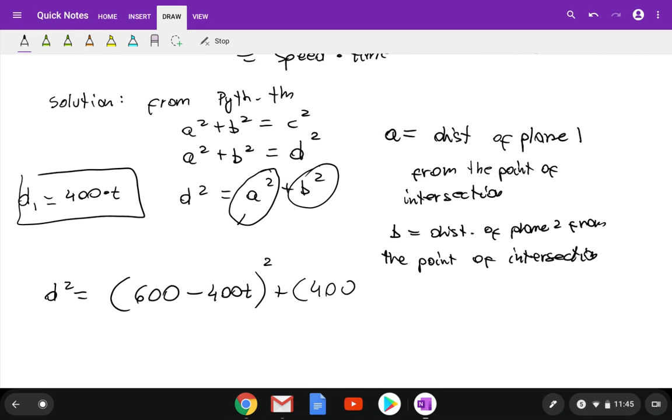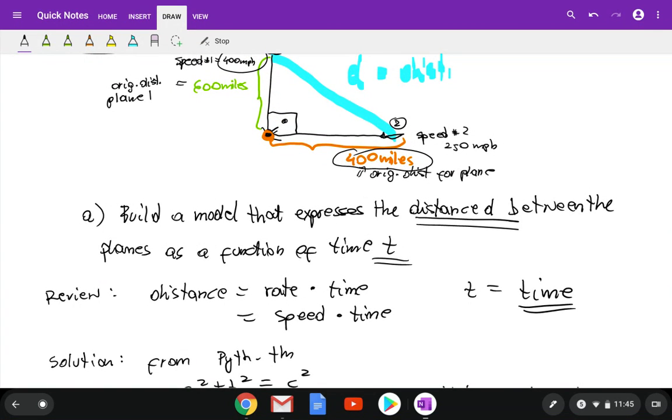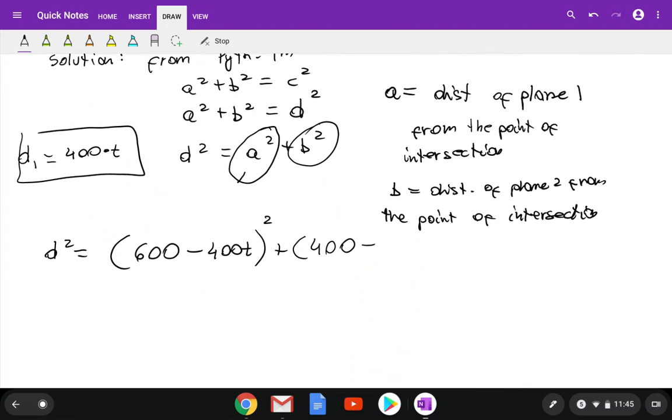But of course, that distance will be decreasing with time. So the distance of plane 2 will be speed, rate times time, which is 250t, and you subtract that from the original: 400 minus 250t, to a second power.